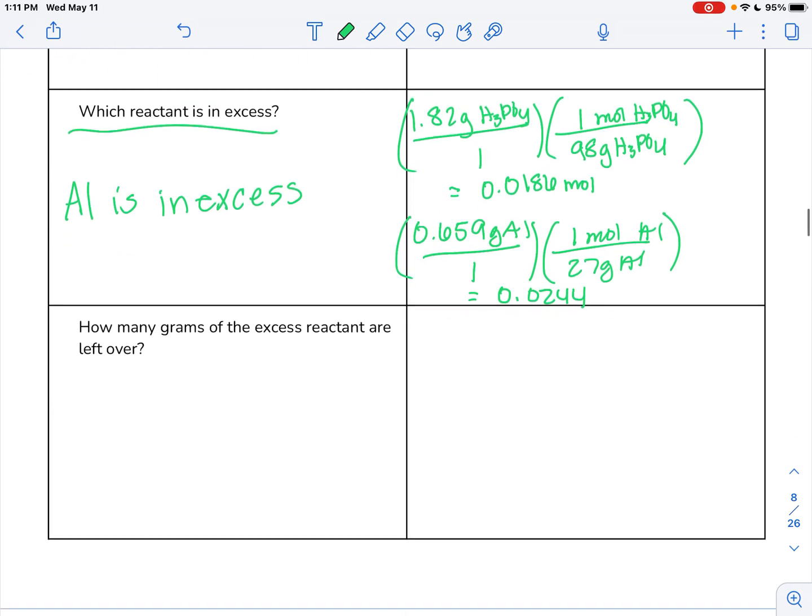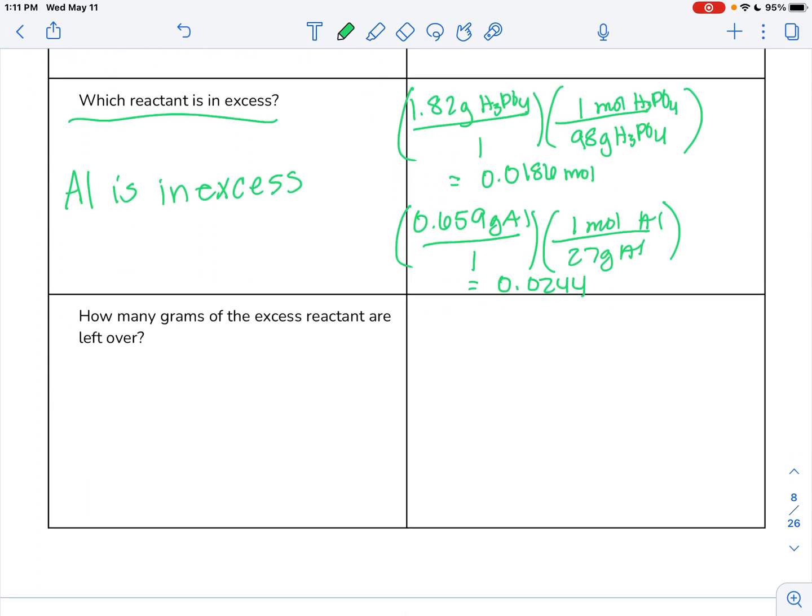So then we get to the usual typical excess reagent question. How many grams, or sometimes it will say moles, of the excess reagent are left over? So to find that, you need to find out how many grams were used up and then subtract from the amount you started with. And again, just like with the last question, we always start our stoichiometry for any other question with our limiting reagent because then we know that was all used up.